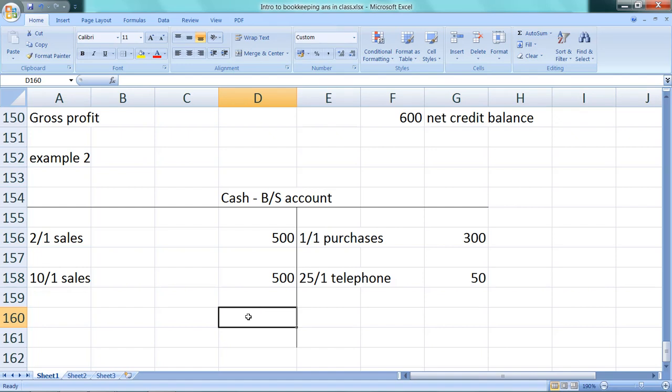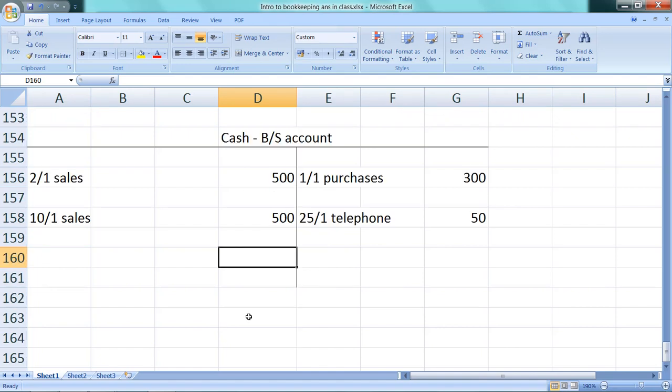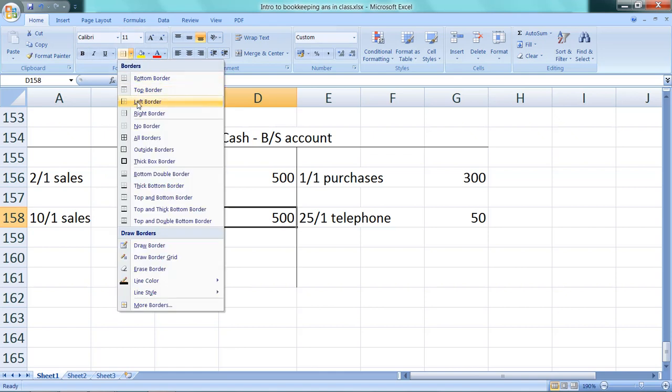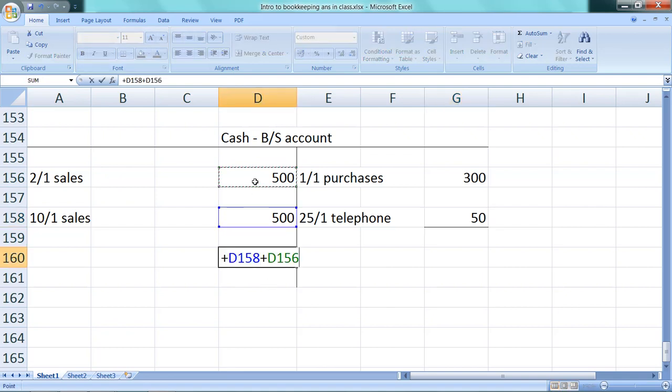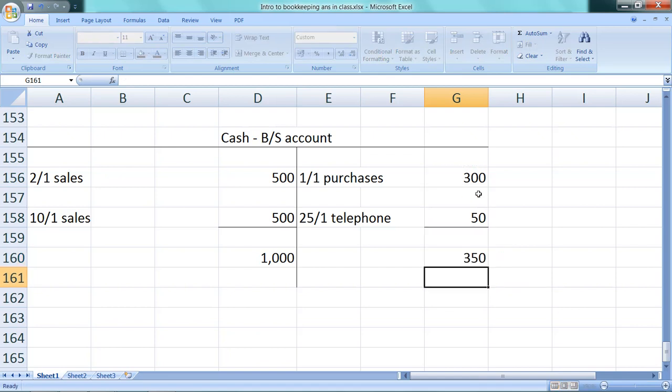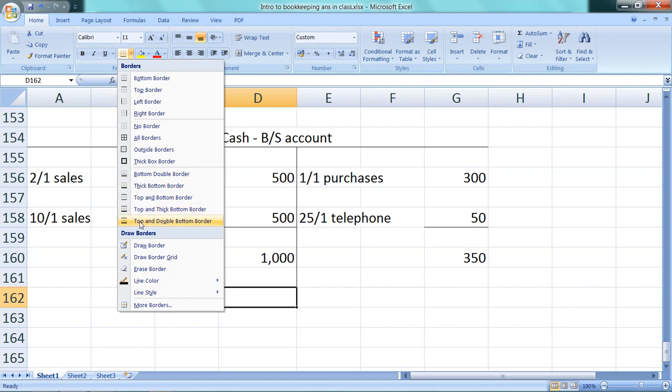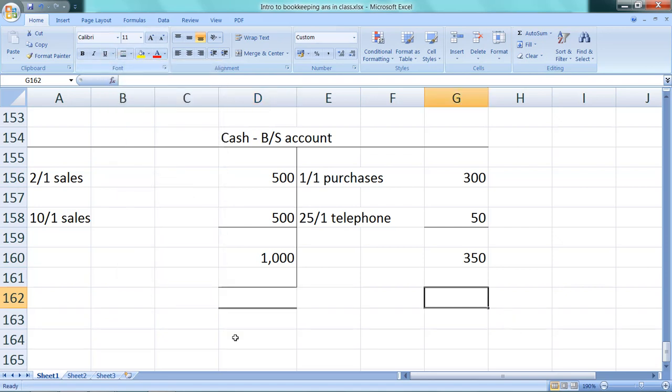Okay? What we need to do is work out exactly how much cash we've got at the bank. So we're going to subtotal these down to start with. Whichever one comes out as the highest is going to be basically my total. So we end up with 1,000 to start with on the debits. We end up with 350 on the credits. What we then do, or what your accounting software package will do, is total these down to the higher of those two figures.